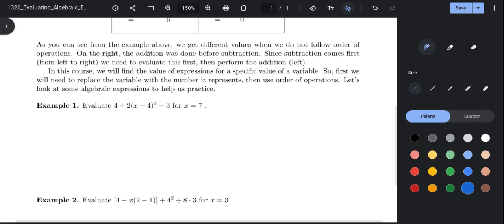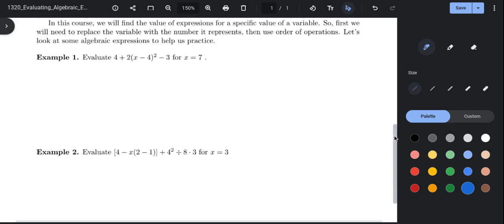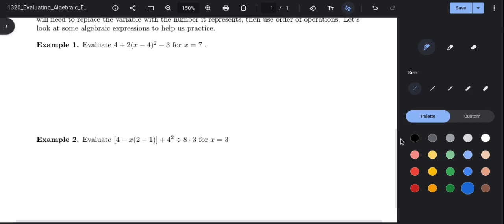Let's see what I mean by that in our first example. Here we're asked to evaluate the expression 4 plus 2 times the quantity x minus 4 squared minus 3 for x equals 7.